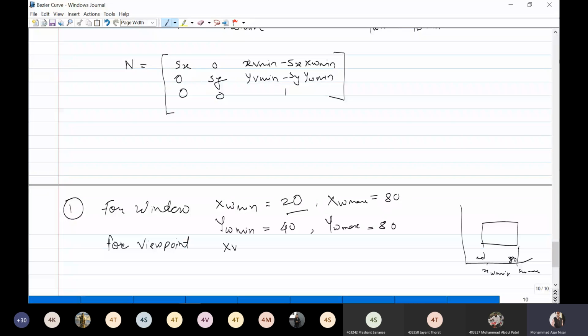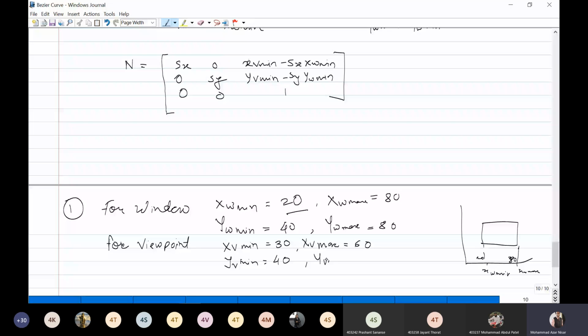That is, xv minimum is given 30, and xv maximum they have given 60, and yv minimum given is 40, and yv maximum given 60.